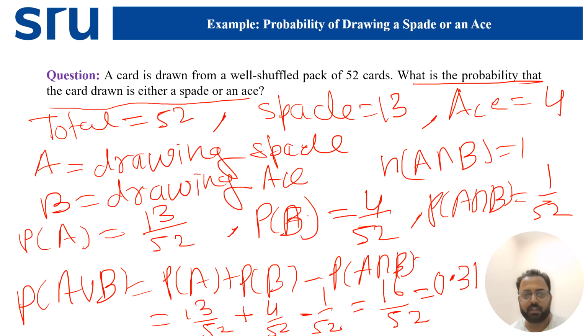So 0.31 is the probability of selecting a spade or an ace.